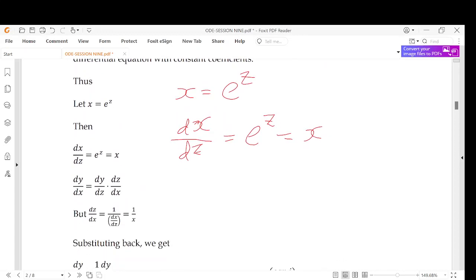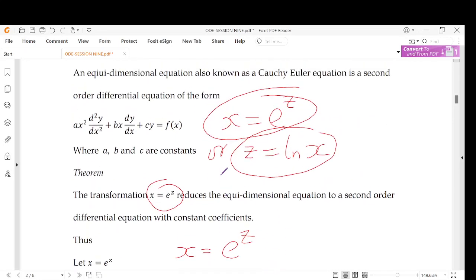Now, because we are going to use the transformation, we want to transform this differential equation and replace the variable x with z. So then we shall do the transformation of the differential coefficients appearing in the differential equation.